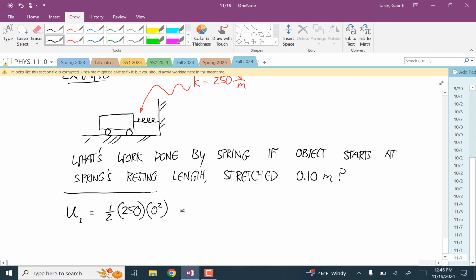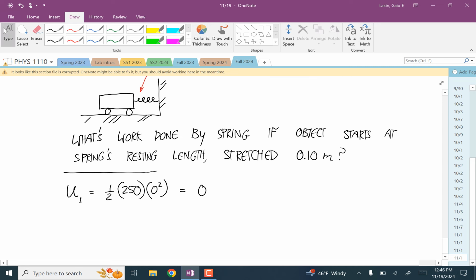And so the potential energy at instant 1 is just 0. And now at the later instant, it's stretched 0.1 meters. So U2 is equal to 1/2 times 250 times 0.1 squared. And that is 1.25 joules.